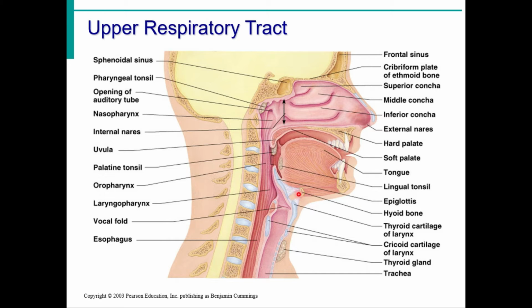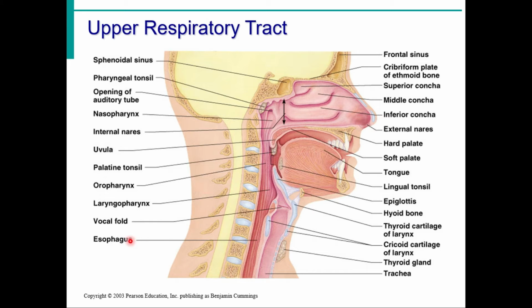The hyoid bone lies here, and the thyroid cartilage of the larynx, and we will study in detail the structure of the larynx in our upcoming slides. There is the cricoid cartilage of the larynx. Then comes the thyroid gland and trachea.